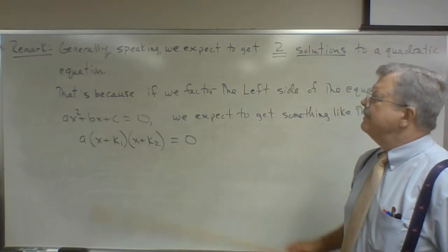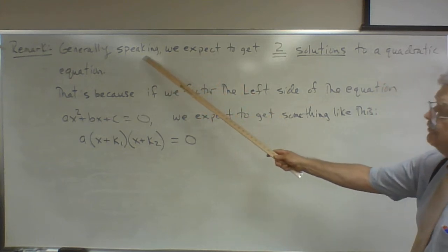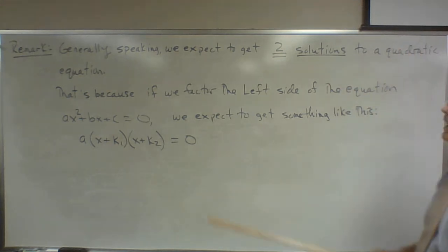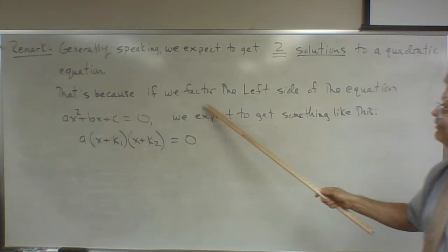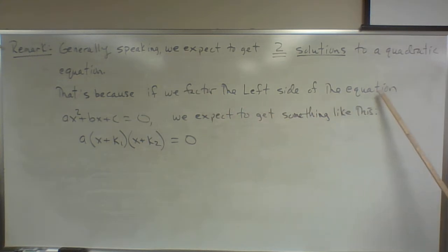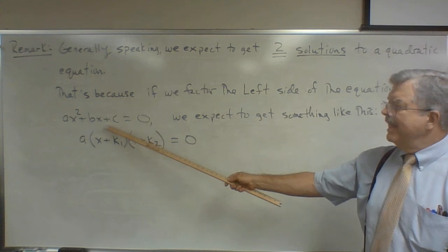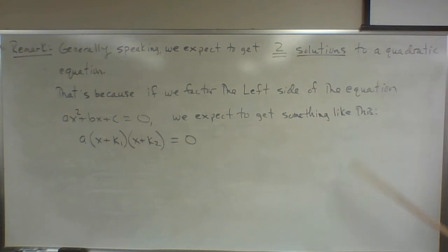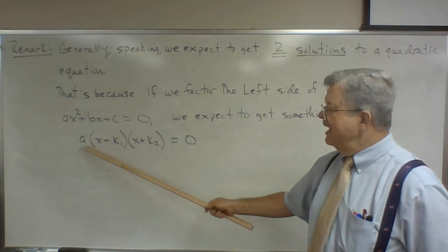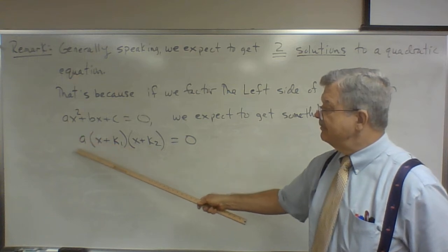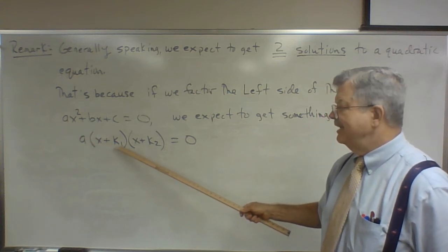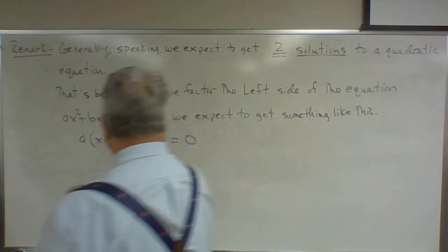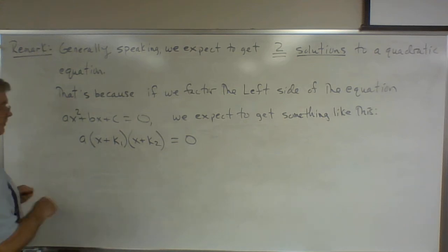Let me just note, generally speaking, we expect to get two distinct solutions to a quadratic equation. And this is because if we factor the left side of the equation, ax squared plus bx plus c equals 0, we expect to get something like this. a, which is a constant, times (x plus k1) times (x plus k2). a is a constant. It can't be 0.